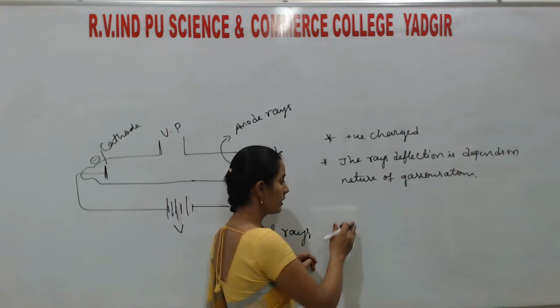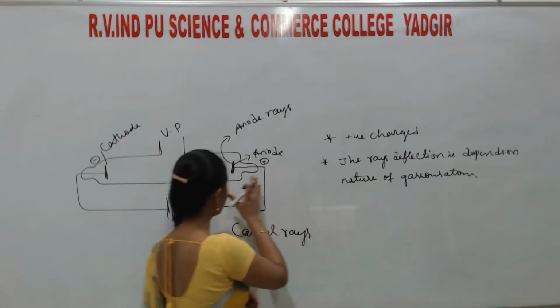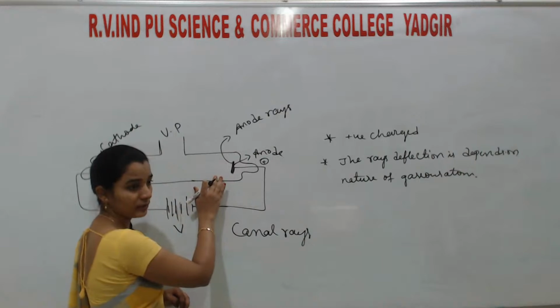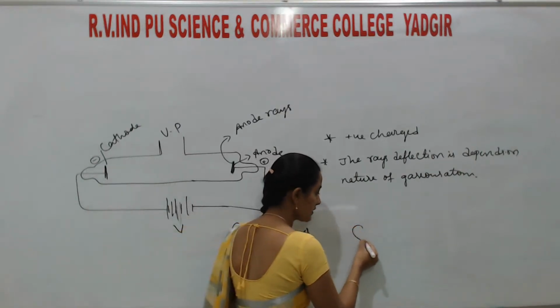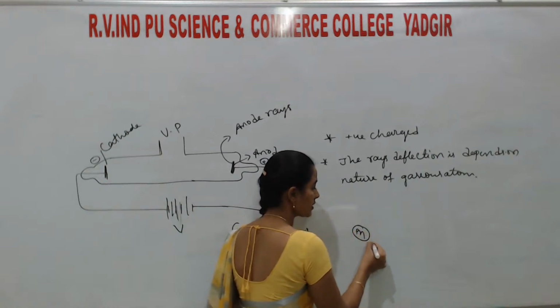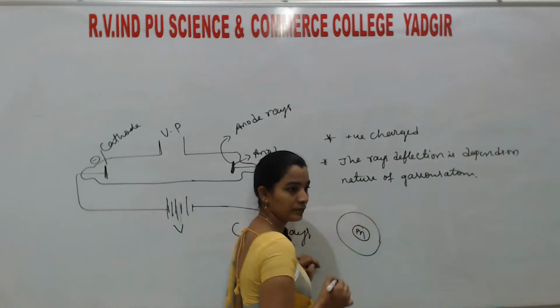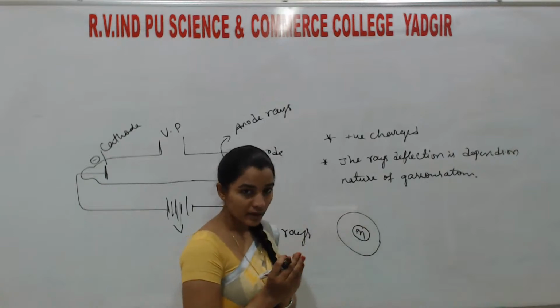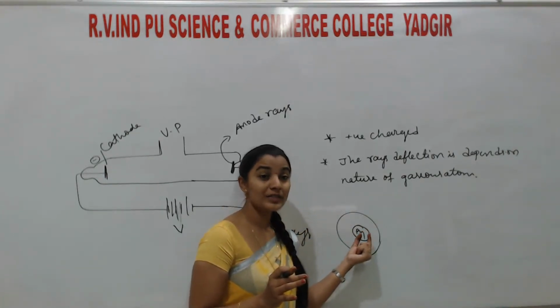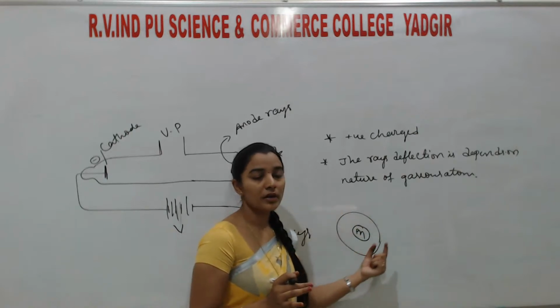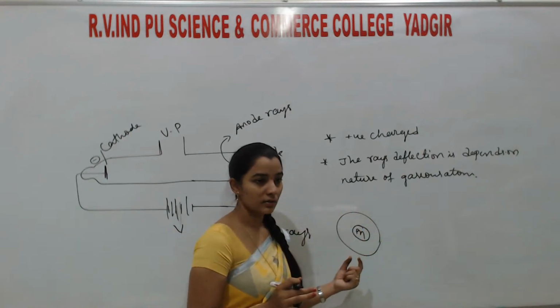Why? Because, listen, here we are considering positive rays. Positive rays means, you know, the nucleus is there. In the nucleus, protons and neutrons are there, and electrons are outside. The mass of the atom mainly depends on the protons and neutrons, means the nucleus. Electrons are not having any mass.